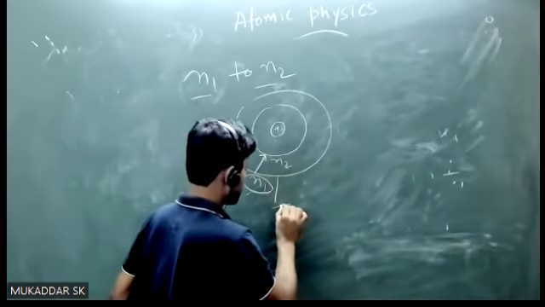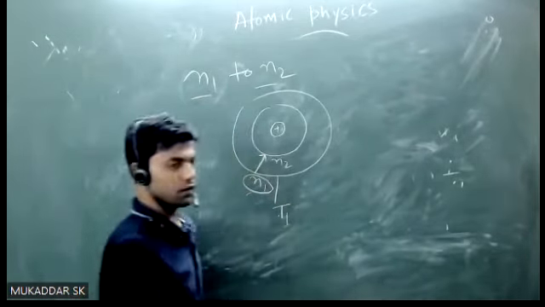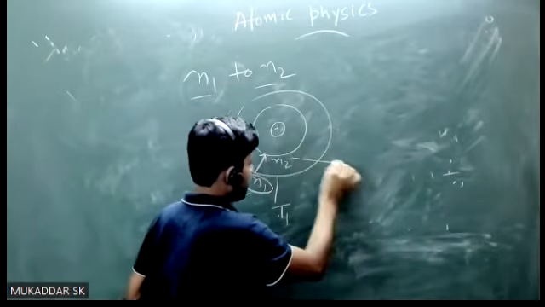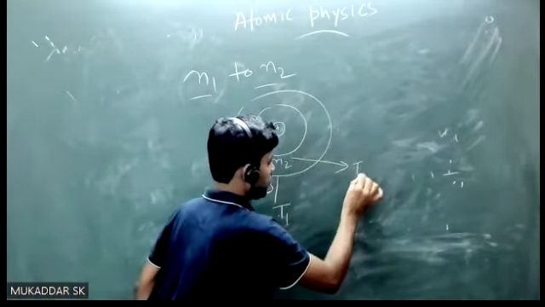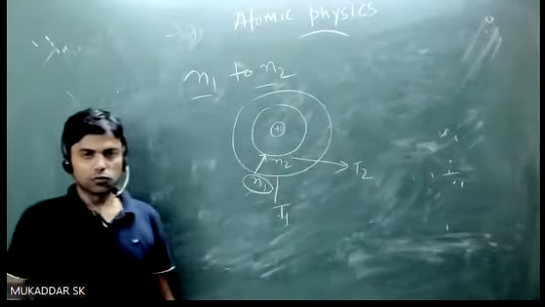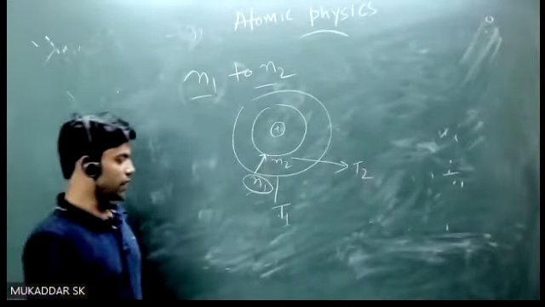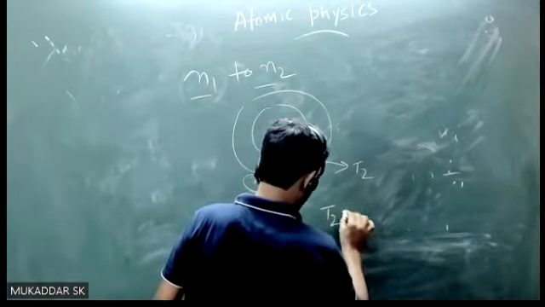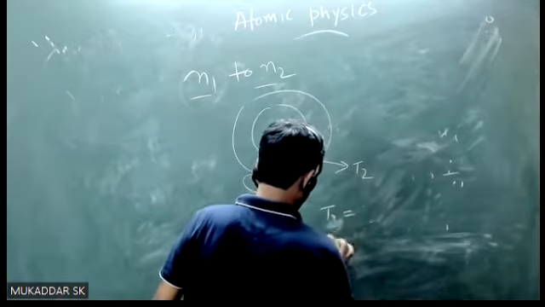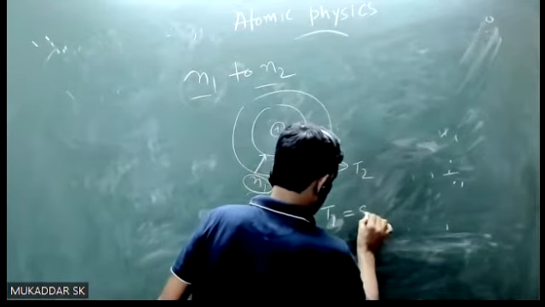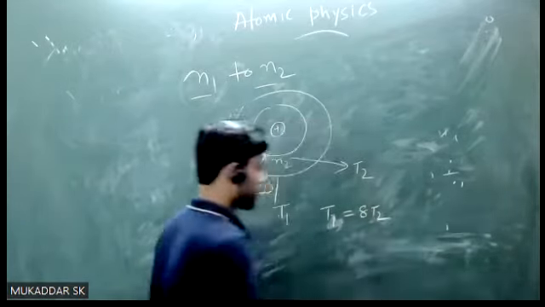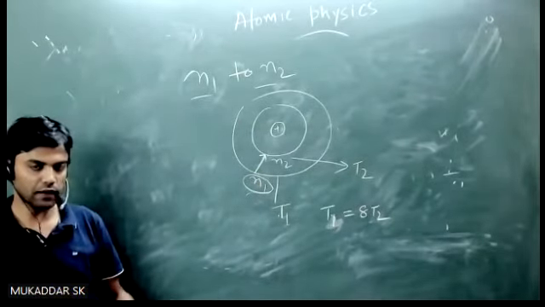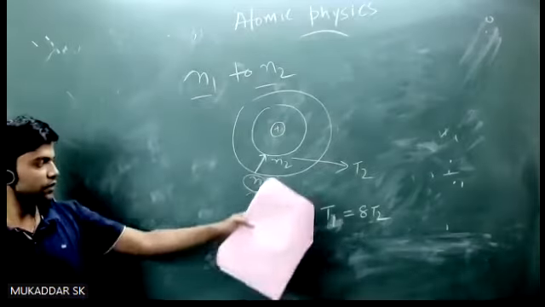Let us assume it is T1. And for this orbit, let us assume the time period is T2. According to the data, T1 is 8 times T2, right?